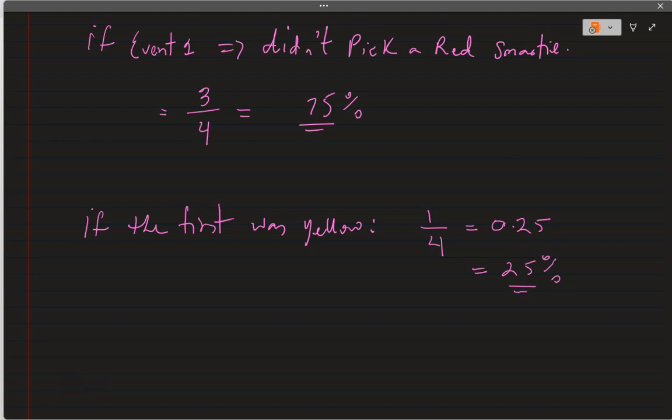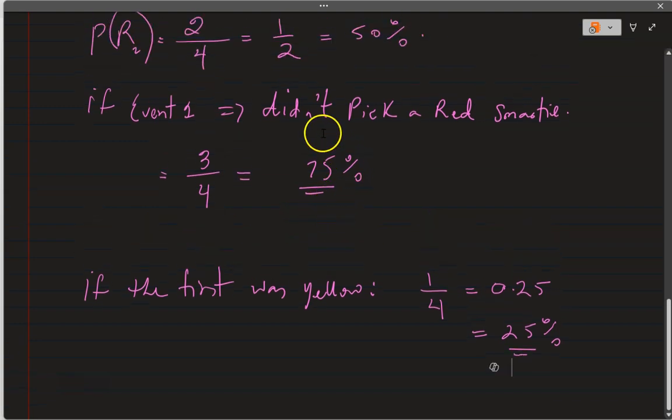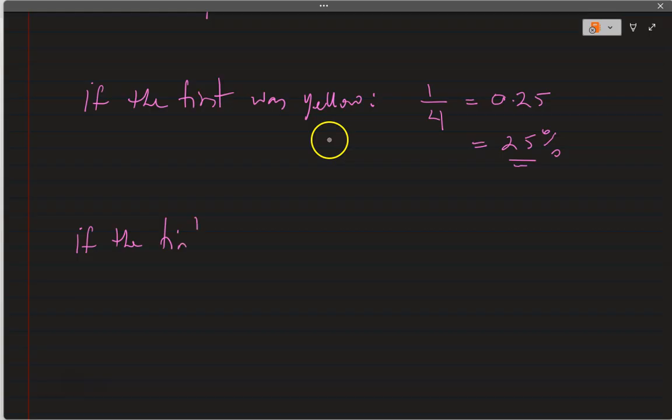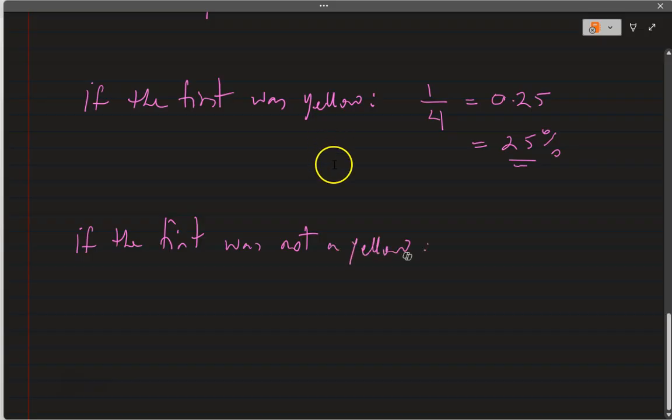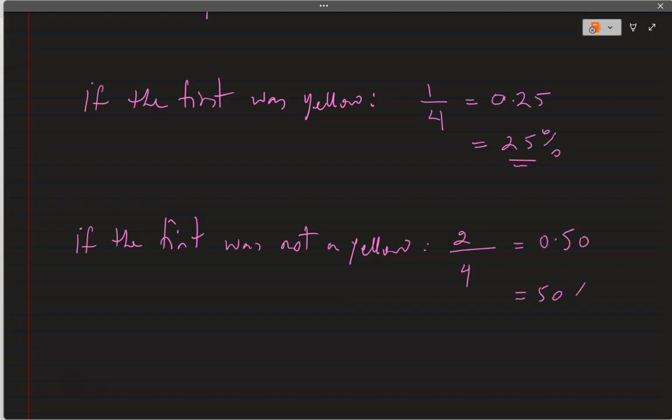But if the first pick was not yellow, that means it was red, so we still have 2 left out of the 4, and now we have 0.5, or a 50% probability of picking a yellow Smartie in the second round.